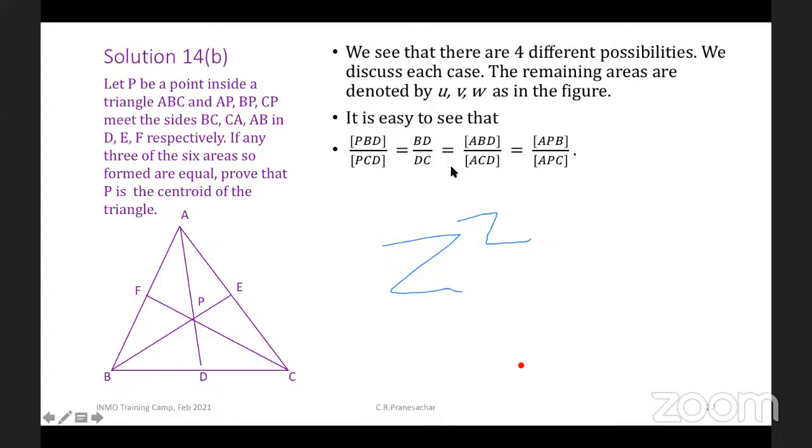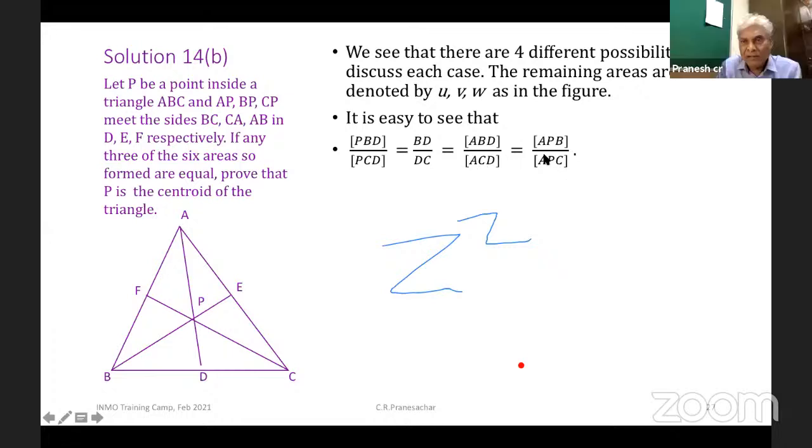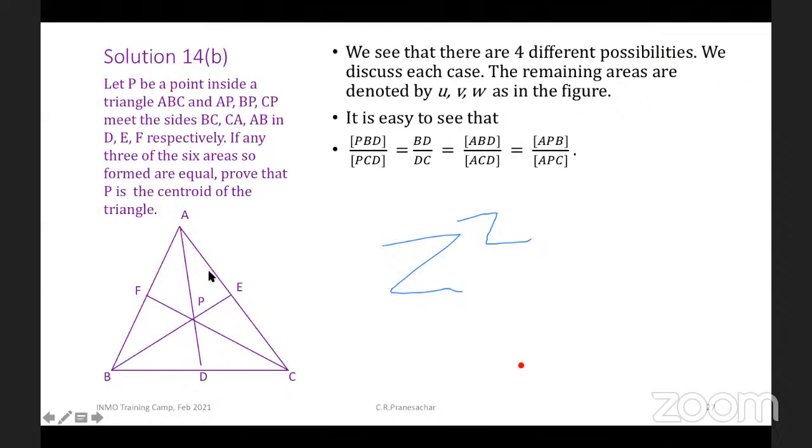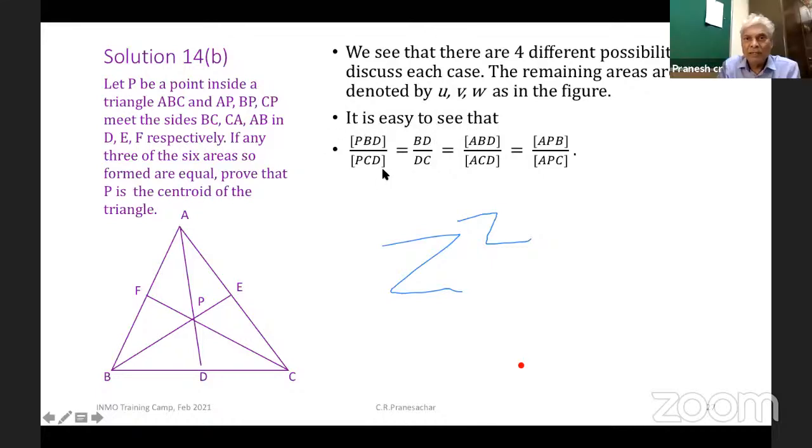Why are all these fractions equal to APB by APC? By subtracting equal areas. If A by B equals C by D, then A minus C upon B minus D is also equal. You subtract numerator from numerator and denominator from denominator, and you get these two. So we will use this particular idea.